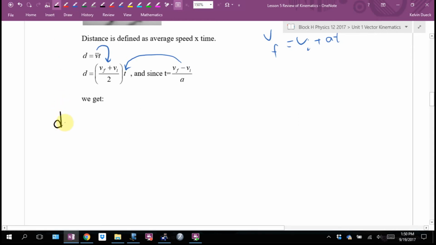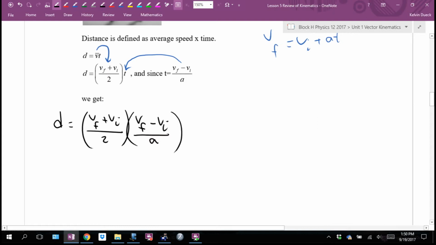Looks like this. D equals, there's going to be 2 great big fractions. The first fraction is going to be VF plus VI over 2, and the second fraction is going to be VF minus VI over A. Harshpreet, is this one fraction? So yes. Is this another fraction? So yes.